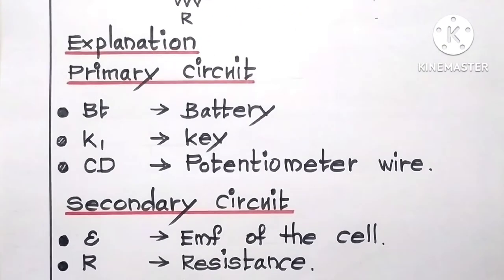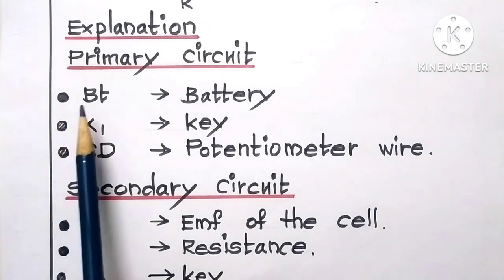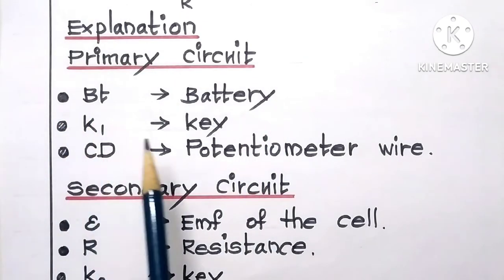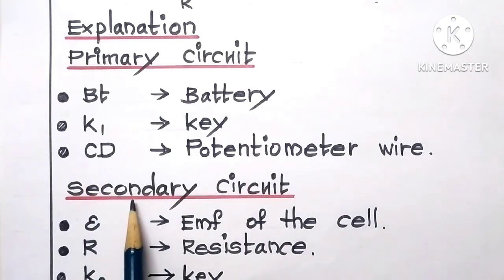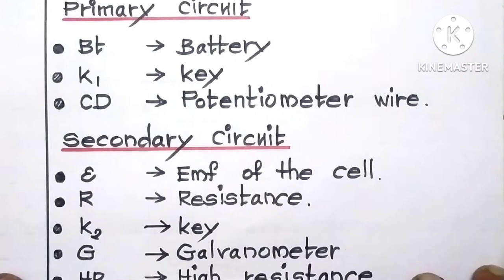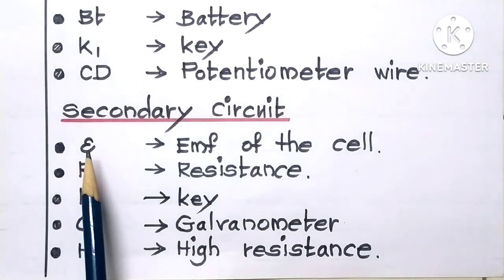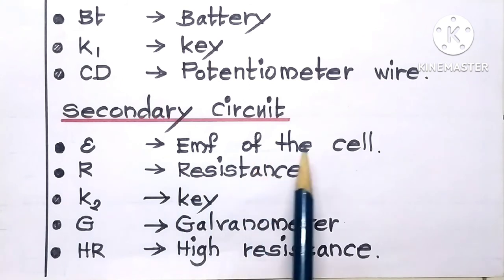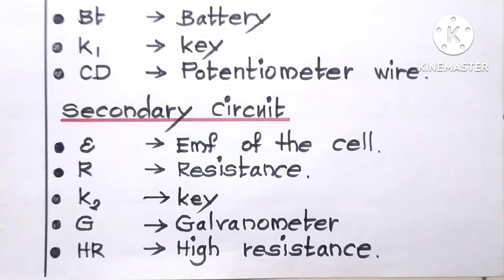Explanation: primary circuit. BT battery, K1 key, CD potentiometer wire. Then we have the secondary circuit. In this secondary circuit, we have epsilon, that is the EMF of the cell, capital R resistance, K2 key, capital G galvanometer, HR high resistance.